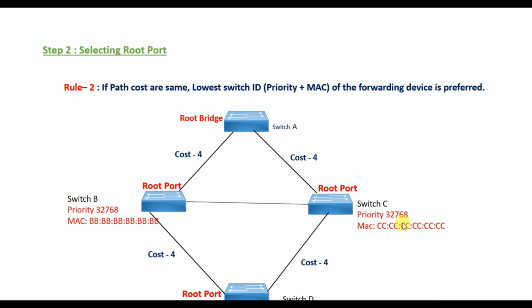For example, if I used a lower priority here, such as 4,096 instead of 32,768, it would be the least switch ID, and then this port would have been selected as the root port. But in this scenario, this switch has the least bridge ID, and due to this, this port is selected as the root port. So this is rule 2 for the root port.